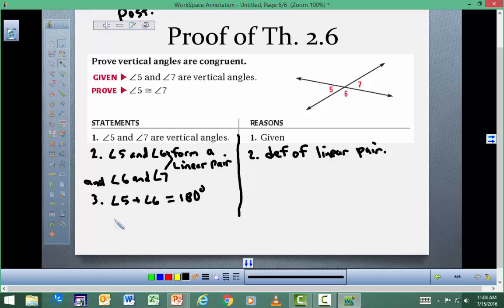And at the same time, we could say angle 6 plus angle 7 is equal to 180 degrees. And the reason why we can do that is because someone told me that we had linear pairs, and that previous slide told me that linear pairs are supplementary. Supplementary means that they add up to be 180. So this is the linear pair postulate.